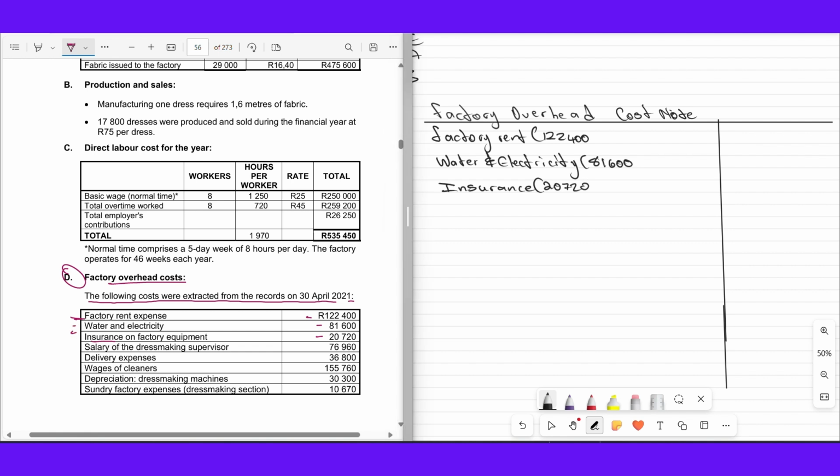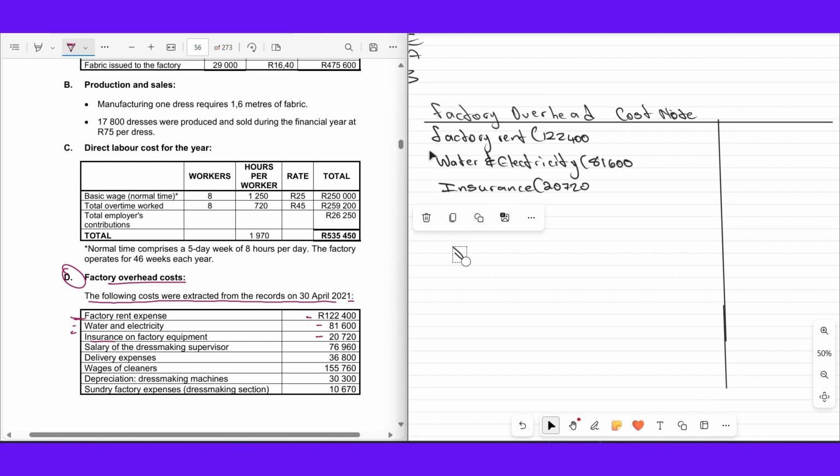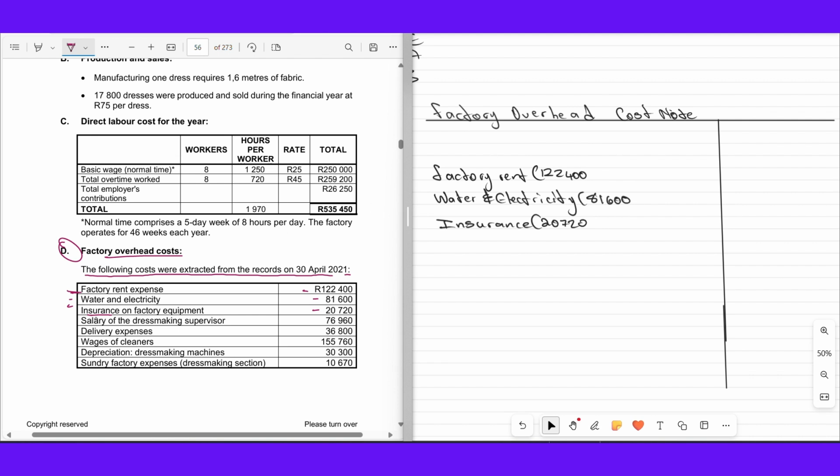Then let's check. I think we skipped something which you need to consider. So we have wages of cleaners. Wages of cleaners, we are referring to indirect labor. So we are going to write indirect labor here.